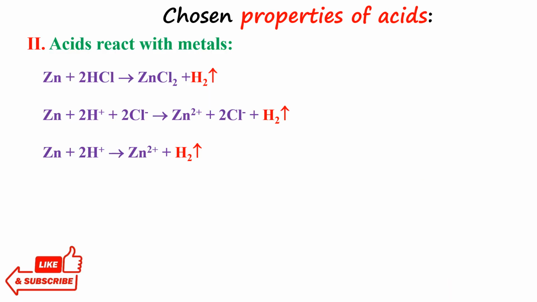To make sure that this property of acids is not completely ignored in this video, let's look at 2 examples of acid reactions with metals. If we throw zinc into hydrochloric acid, the metal will dissolve, and one of the products of this reaction will be hydrogen. I present to you the molecular and ionic recording of this reaction.